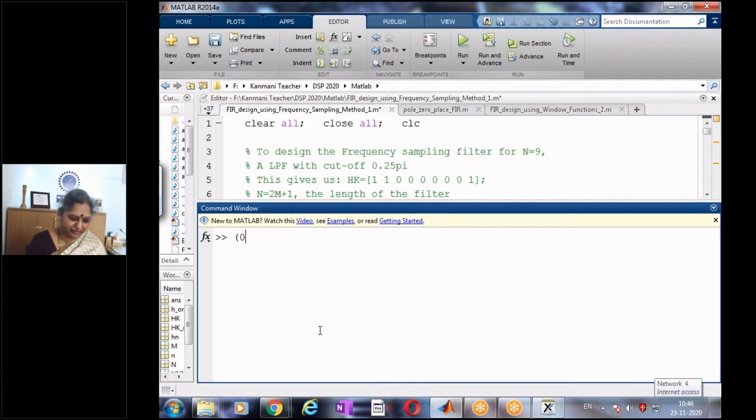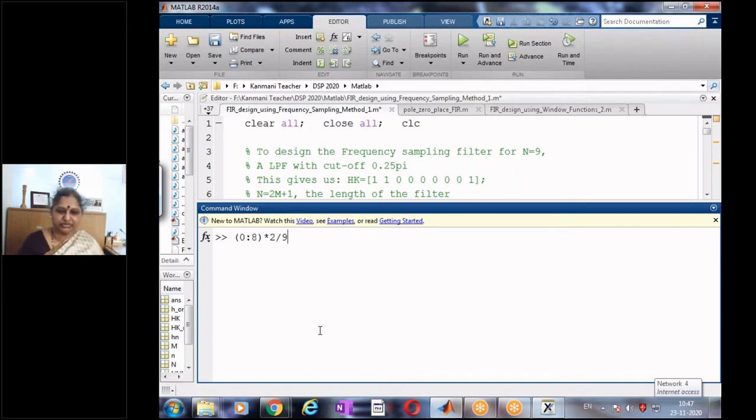So I have my numbers going from 0 to 8. n goes from 0 to n minus 1. So 0 to 8 multiplied by 2 by 9. Because of the 2 pi, I'll keep it as such. I'll not put the pi here because I feel comfortable seeing all cutoff frequencies as a multiple of pi, 0.25 pi, 0.3 pi, etc. That is why I'll retain it in that manner, and I'm just computing the fractions.